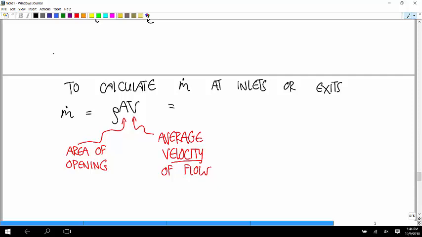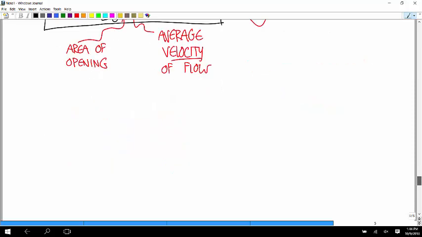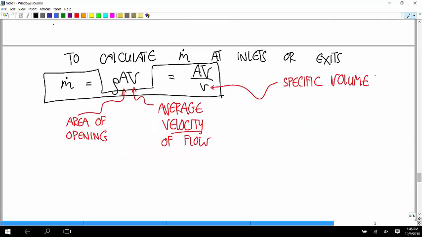And since we don't deal in density that often, the way of writing this that's going to be more useful is A times velocity divided by the specific volume. Any questions about that?